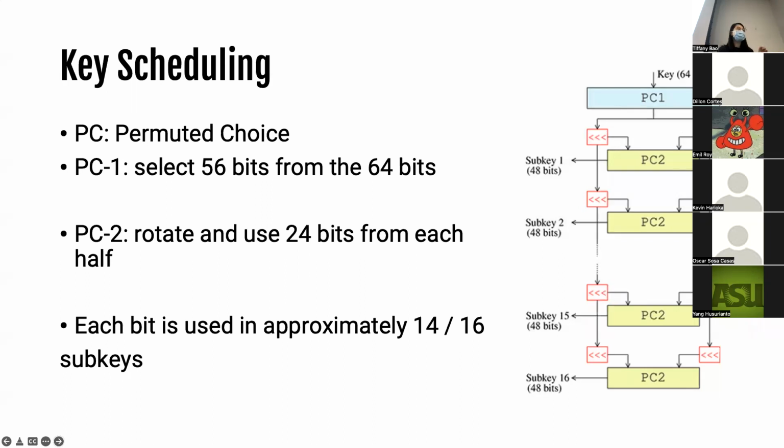The other side has 28 bits. And then you go through this PC2 part. You don't have to know the details at this point. I just want to show you this is how the process works. And then you'll generate 48 bits together. And this is going to do that round by round. So every round it runs, you'll have a subkey. And those are all the subkeys that are going to be used for your one-way function and also the Feistel network.